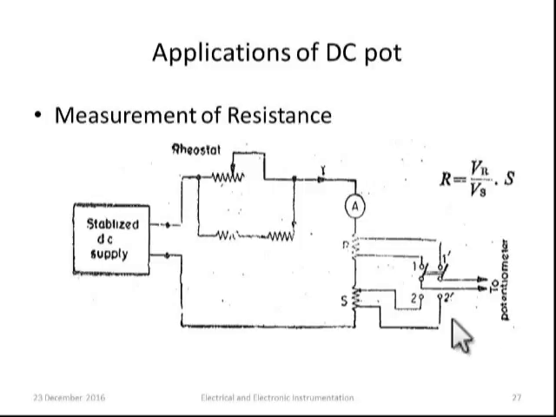Assume first we connect the potentiometer to position 1-1 dash, and with respect to that position we measure the drop across R, say that is the VR value. Then we throw the switch to the 2-2 dash position and measure the drop across S using the potentiometer, say that is the Vs value.